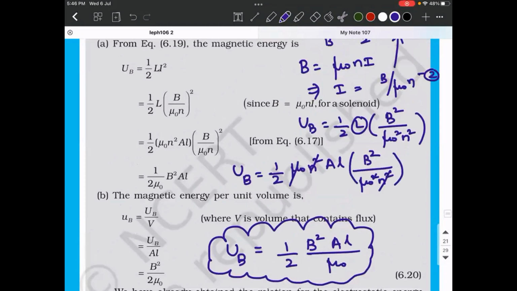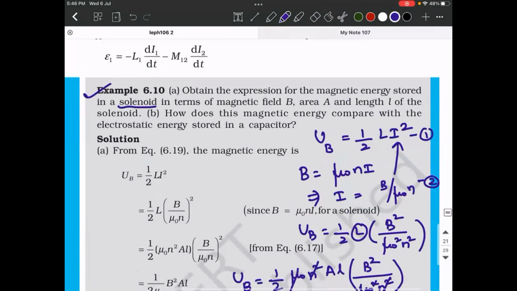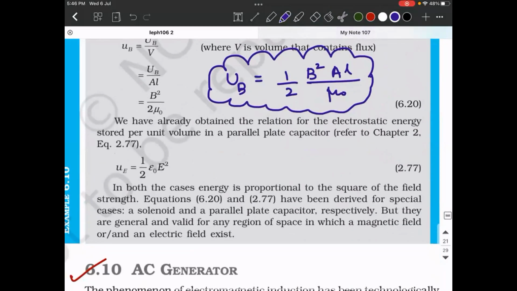So if you're done with this, the second part is: how does the magnetic energy compare with the electrostatic energy stored in the capacitor? So magnetic energy is stored in the form of, obviously, magnetic field.